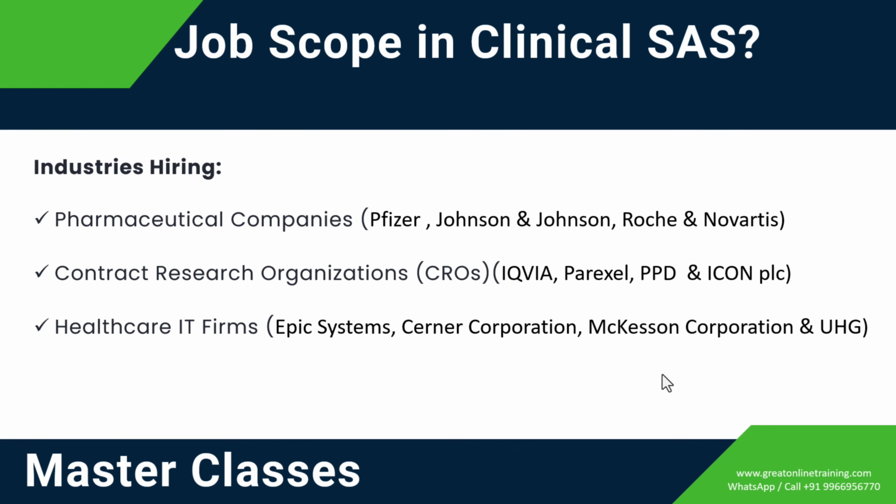And healthcare or IT firms, mainly Epic Systems, then Cerner Corporation, McKesson, as well as UHG, United Health Group. All these organizations are also offering SAS jobs in the healthcare industry.